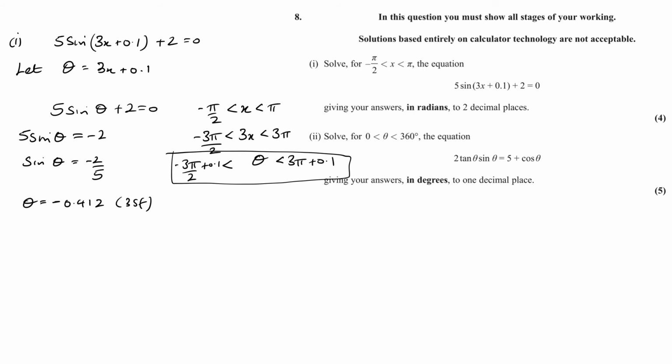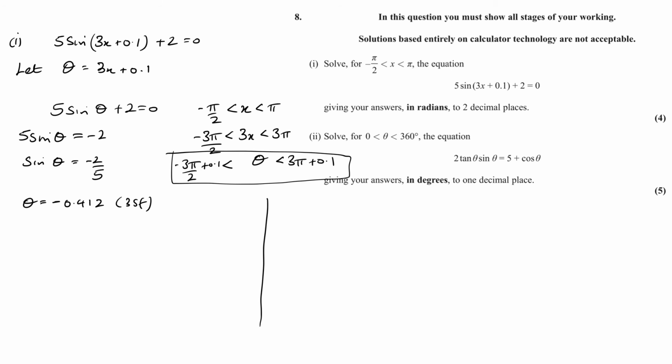But what I like to do is put the positive version in, because what that'll do is give you the acute angle, and that's what you're going to need. So I do 2/5 rather than minus 2/5, and in this case with sine it's not a problem. It will just give me the positive version of this, and then I store that in my calculator.